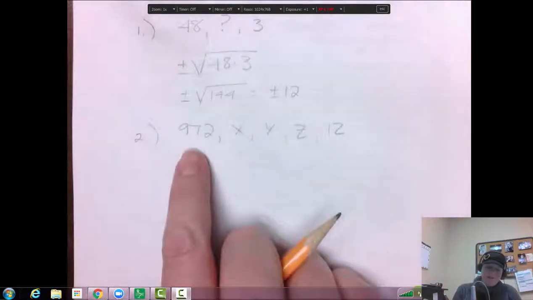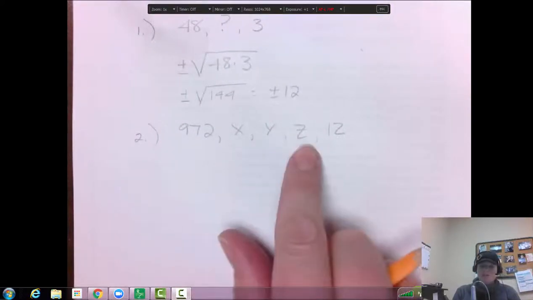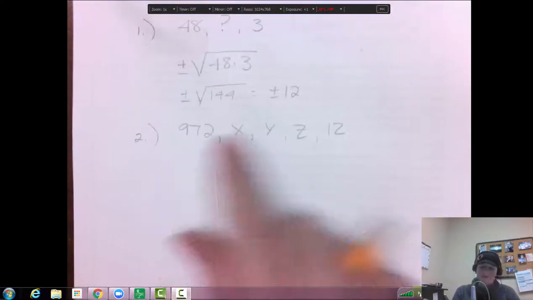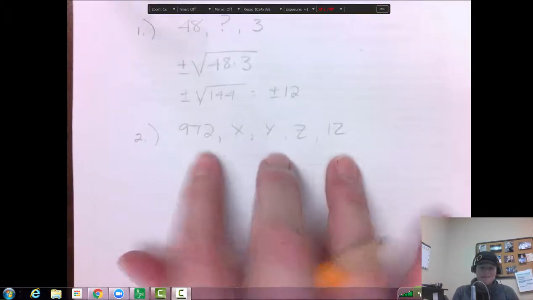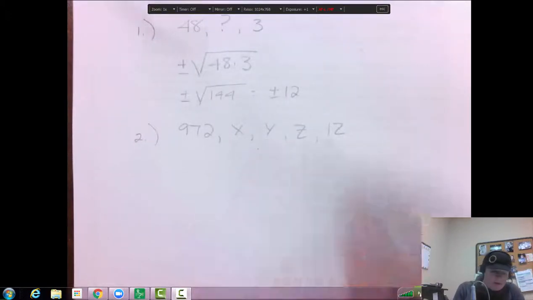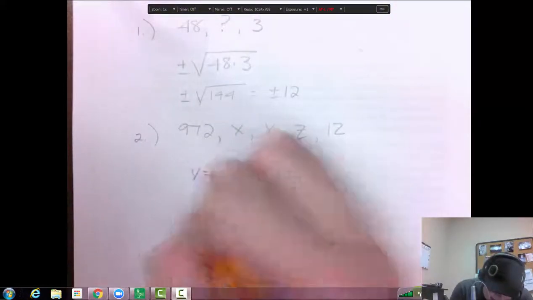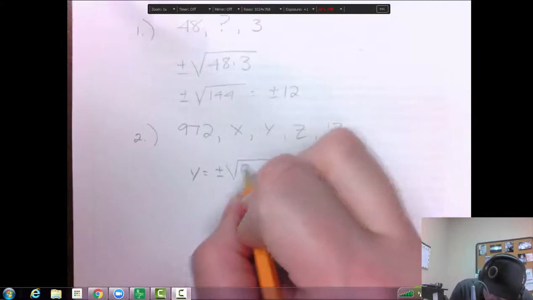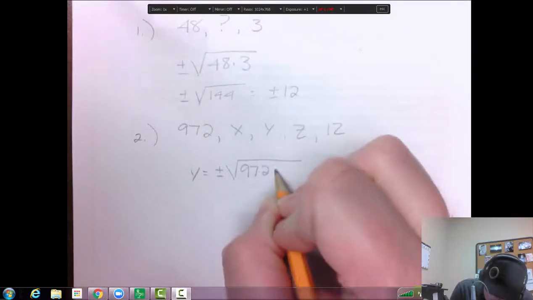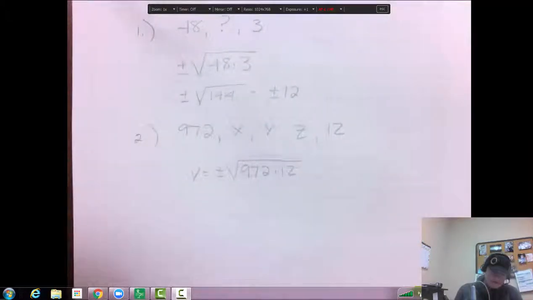But we have 3 terms missing, so we know the first and the fifth term. Well, we can use the geometric mean between these two to find y. So we know that y is going to equal the positive or negative square root of 972 times 12. So that's a big old number.